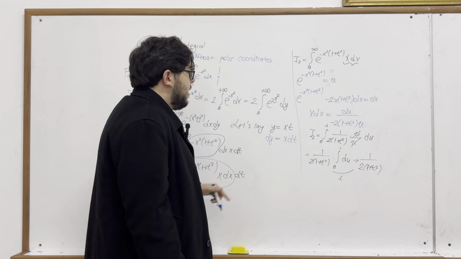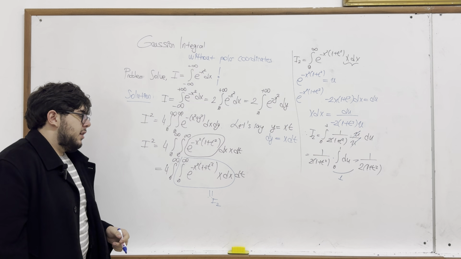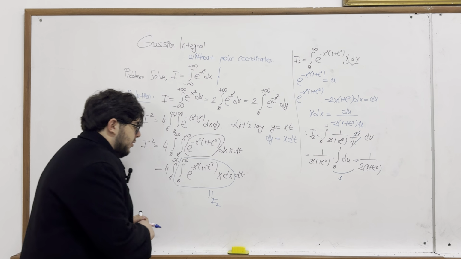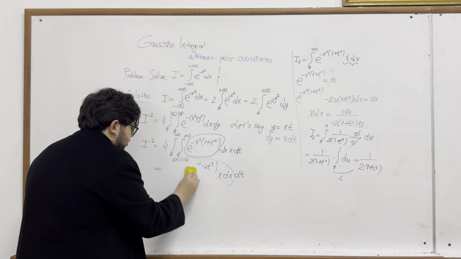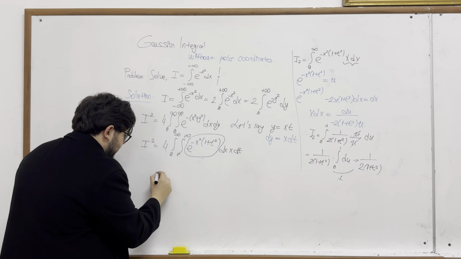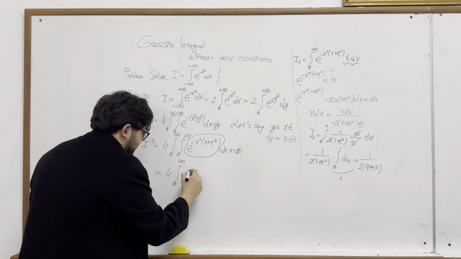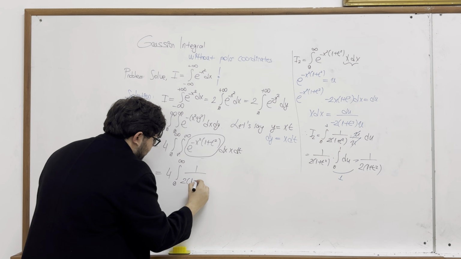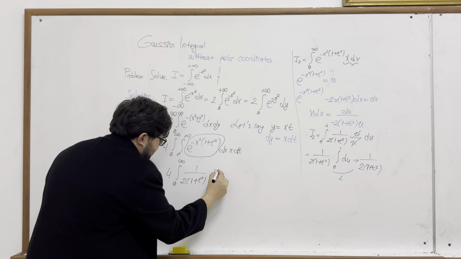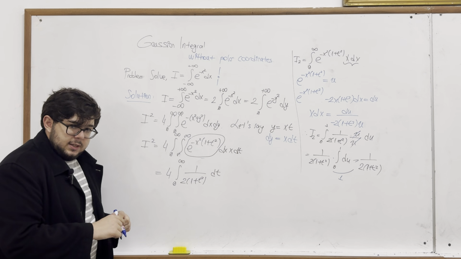Okay, so let's substitute this answer to here and knock ourselves out. Okay, so I am erasing this and saying 4 times the integral from 0 to infinity of 1 over 2 (1 plus t squared) dt. Okay, so let's make a deal.